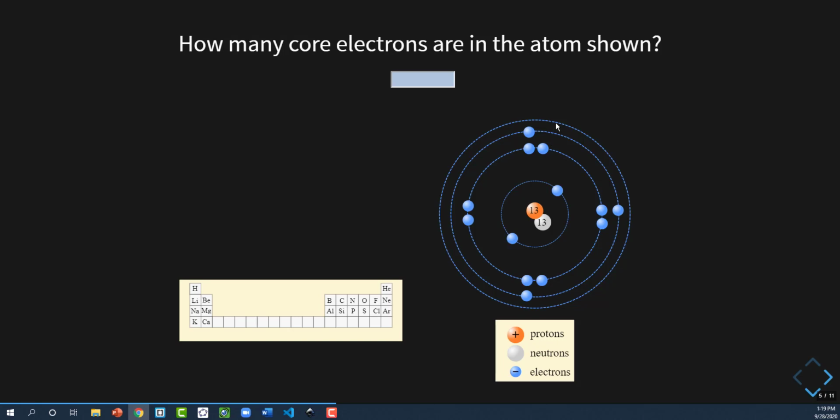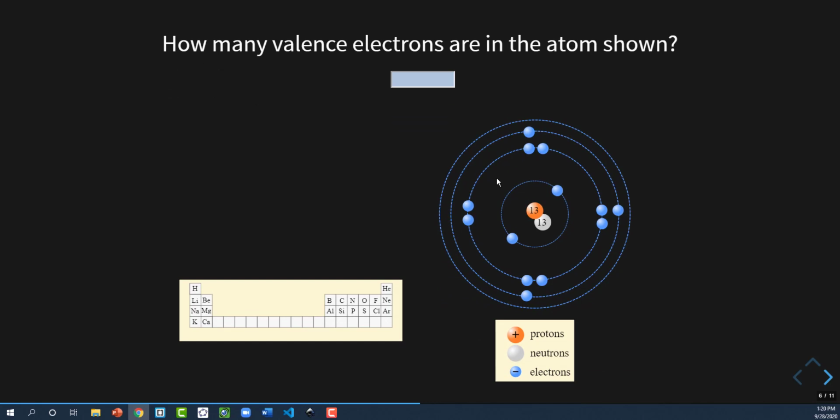So let's just count the number of electrons that are in the core, that is the filled in regions. Well, that first one's filled in, so we've got 2 so far. And then in the second shell we've got 2, 4, 6, 8, and that also fills that up. So it looks like there's a total of 10 core electrons. 2 have filled up the first shell, and the next 8 the next shell. The third shell is not filled up, it just has 2 in it.